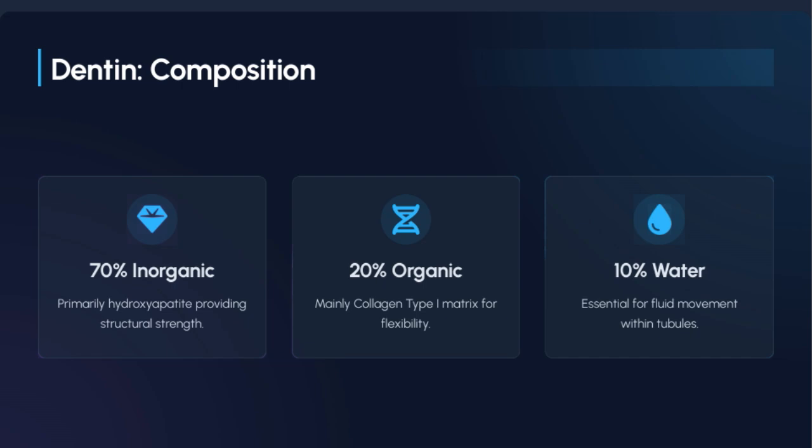Finally, the largest portion, around 70%, is inorganic material, mainly hydroxyapatite crystals, that give dentin its hardness and durability. So, in summary, the composition of dentin is a finely balanced mix of water, organic collagen, and inorganic minerals, all working together to provide strength, flexibility, and the ability to support the tooth's function effectively.